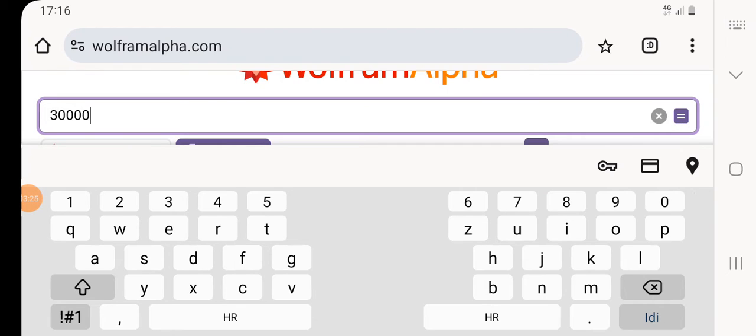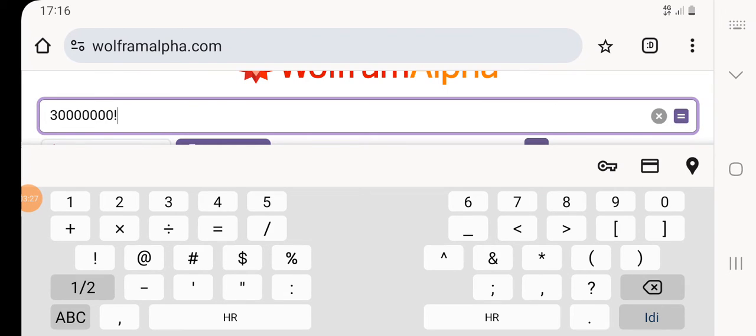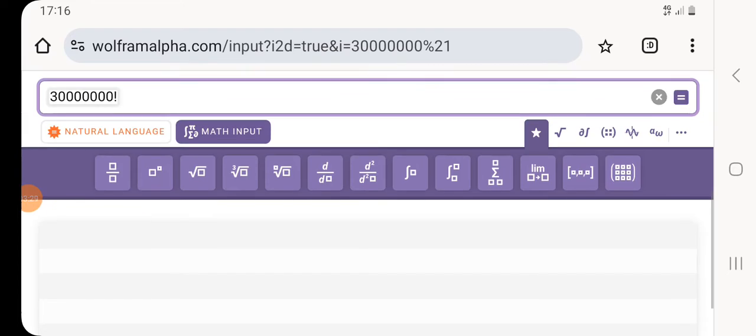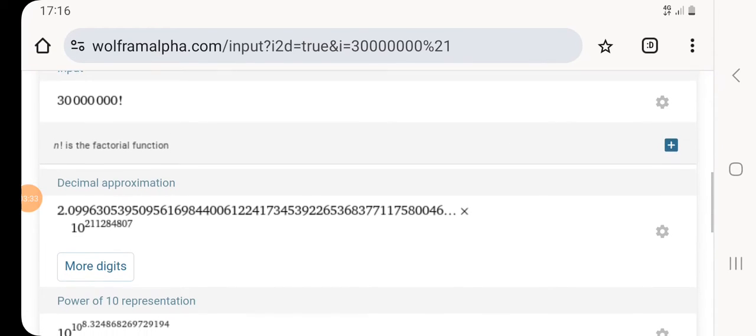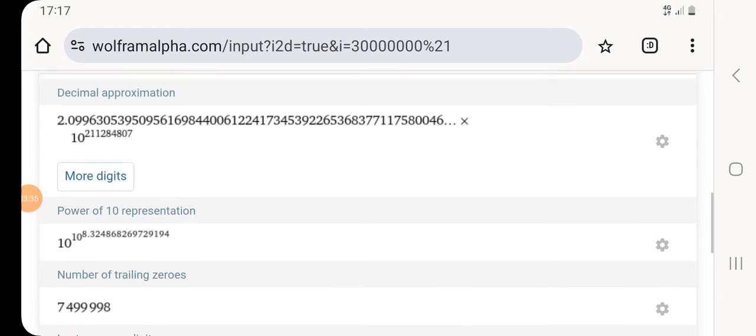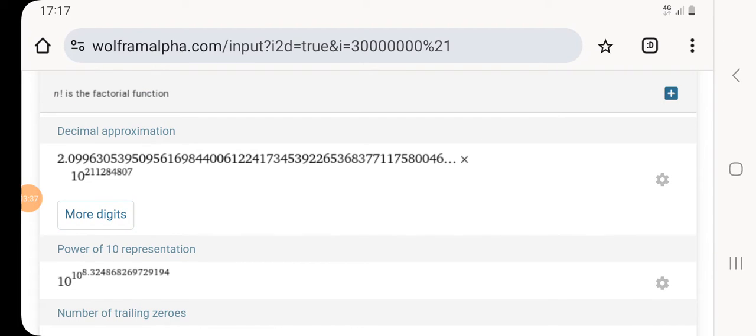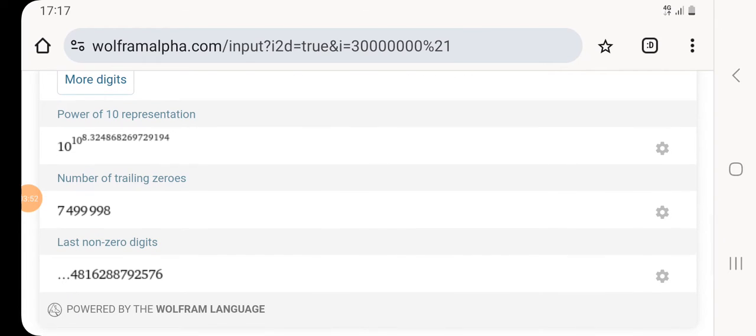If you enter 30 million factorial, the answer is literally 2.0996355 and so on, times 10 to the power of 211,284,007. That's how big.